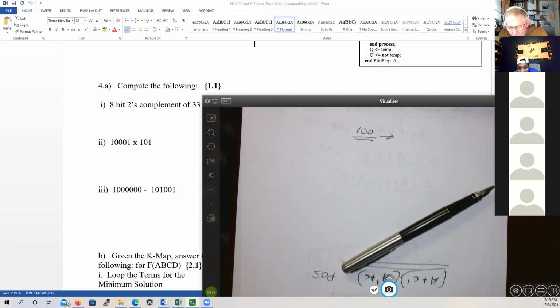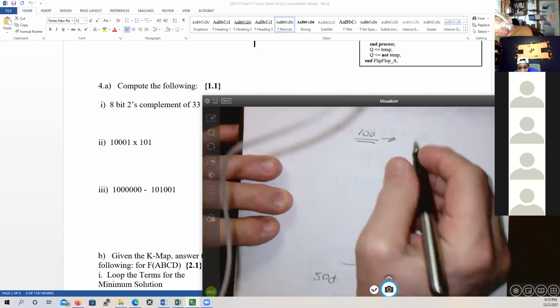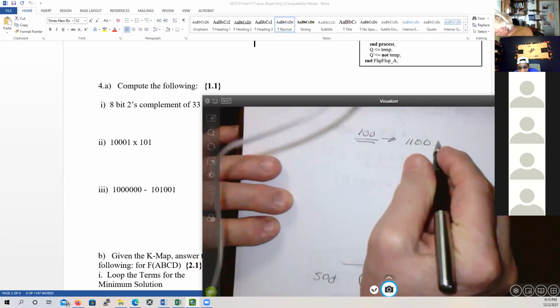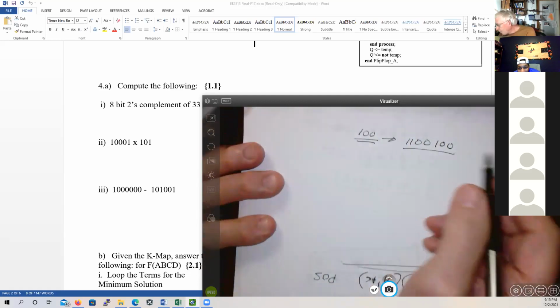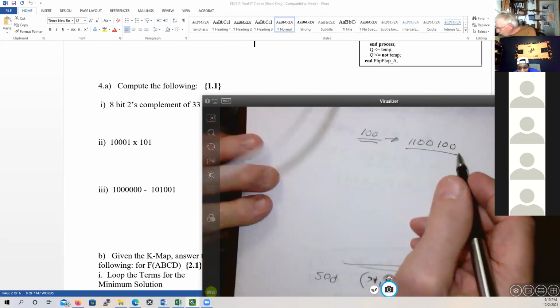All right. Decimal and binary. Okay, so 100. Convert. Okay, so it's 1100100. So that's our binary. Now, notice how many bits.